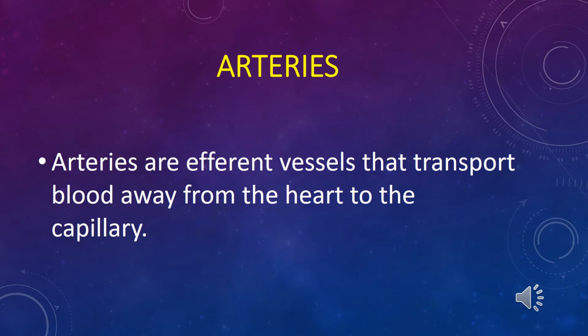Arteries are efferent vessels that transport blood away from the heart to organs and tissues. Arteries can be larger or smaller, and in arteries different types of hemodynamics may be present. In the next part of the lecture, I will present to you the types of arteries.